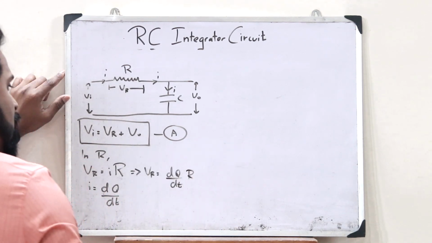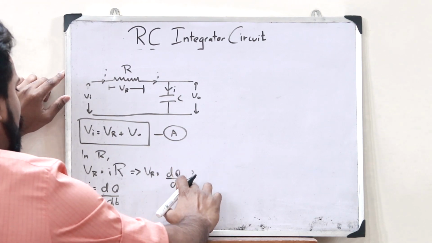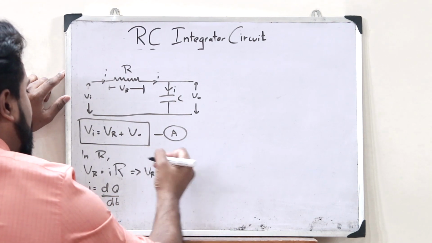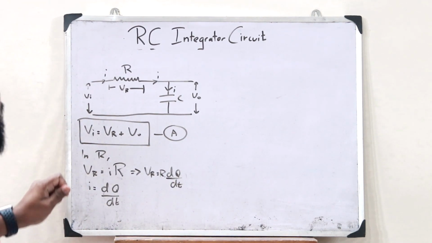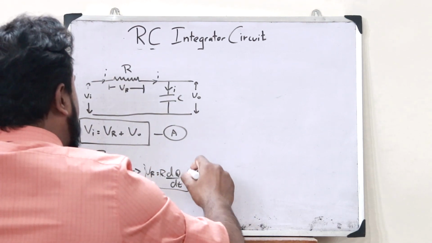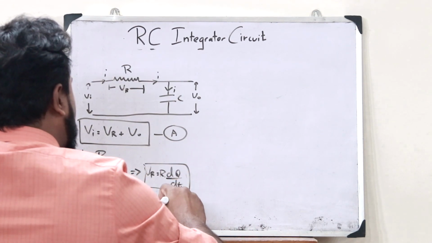Substituting this, we get VR is equal to R times dq by dt. Let this be equation B.